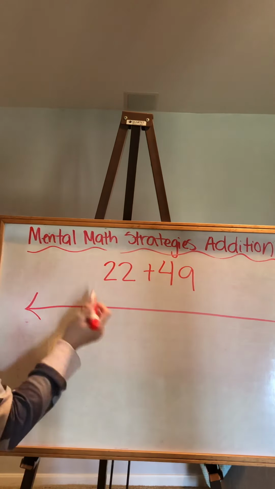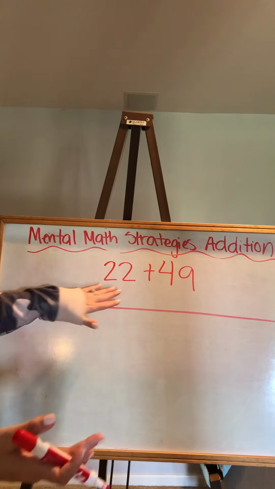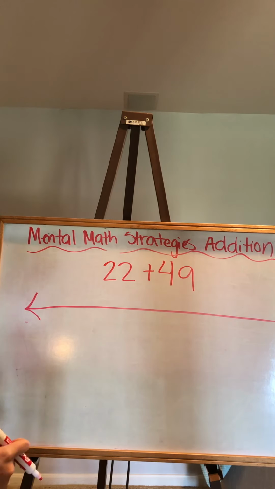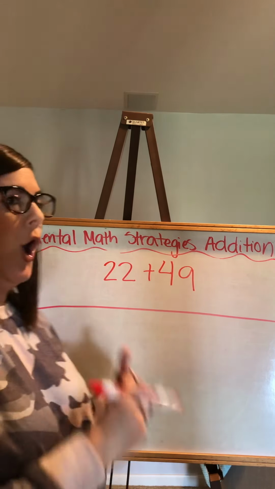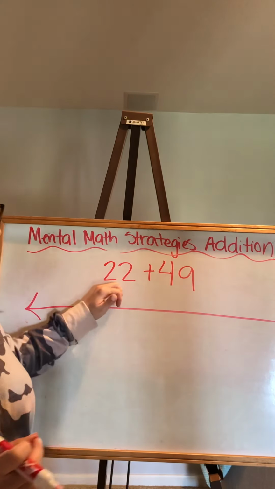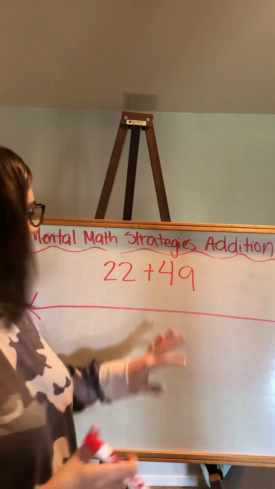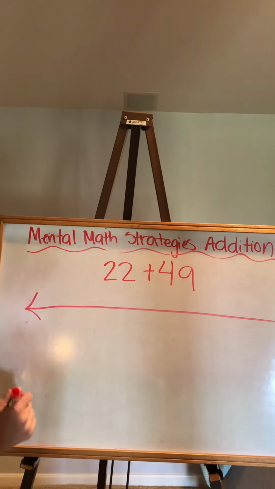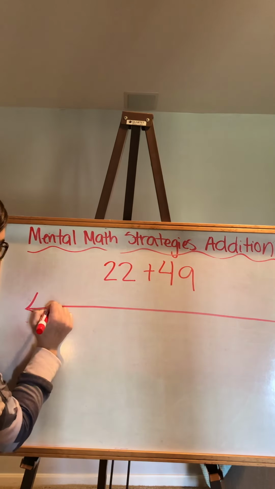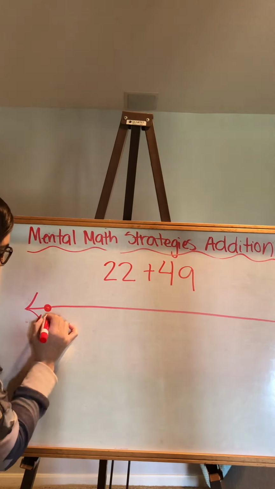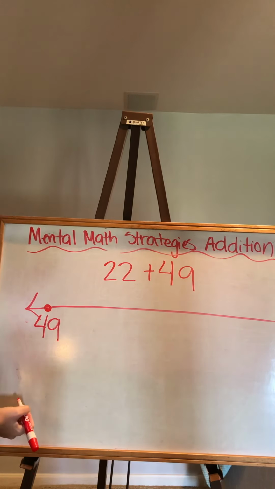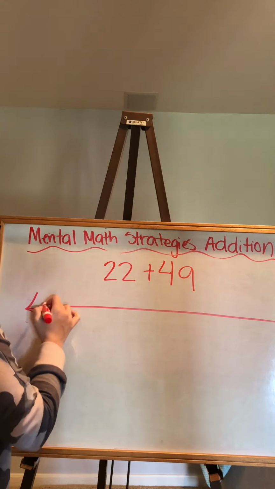Now, this one has 22 in the beginning. I know that I said that we would always start with the first number, but I should have said, let's start with the larger number. So here we are with our larger number, and it is 49. So I'm going to put it right here, 49, okay?